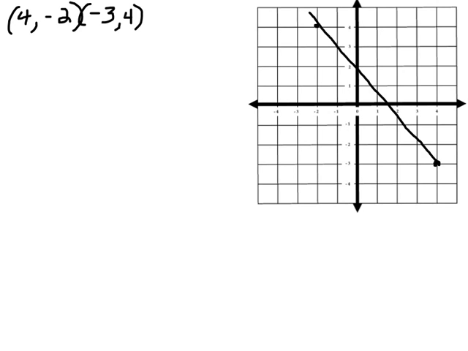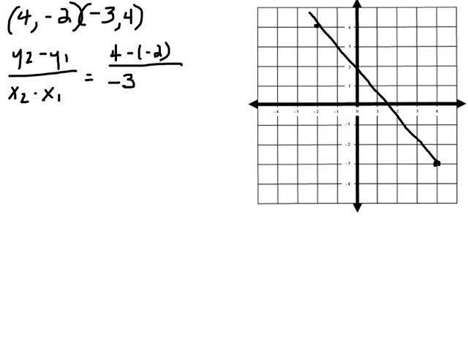Y of the second minus y of the first over x of the second minus x of the first. And then we see that that would be 4 minus negative 2 over negative 3 minus 4. When I do that, I'm going to see that I have 4 minus negative 2 is the same as 4 plus 2, so that's 6. And negative 3 minus 4 is negative 7.